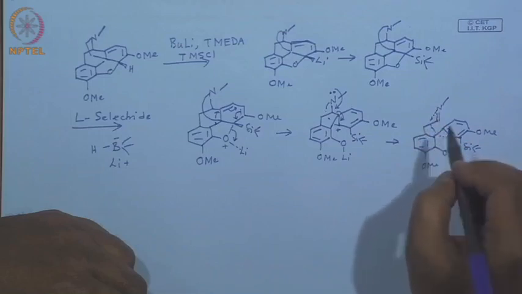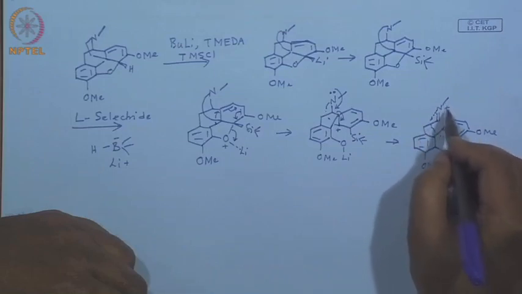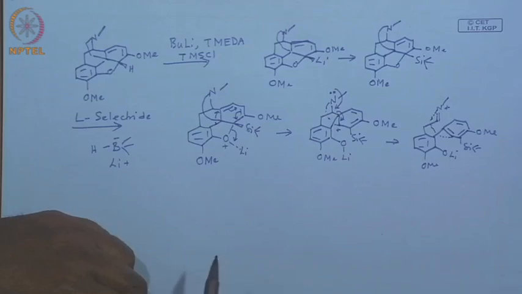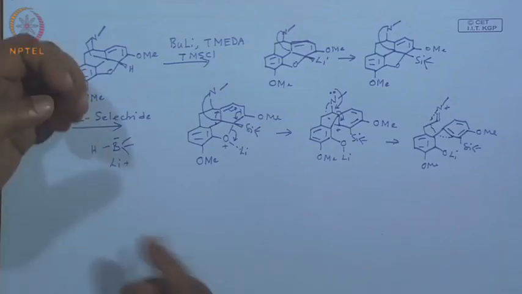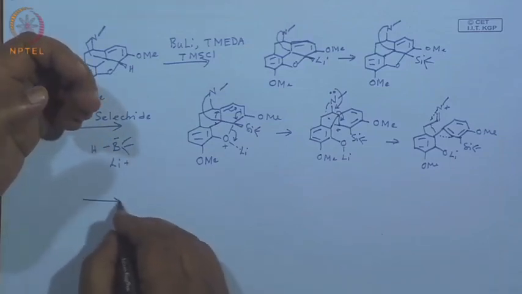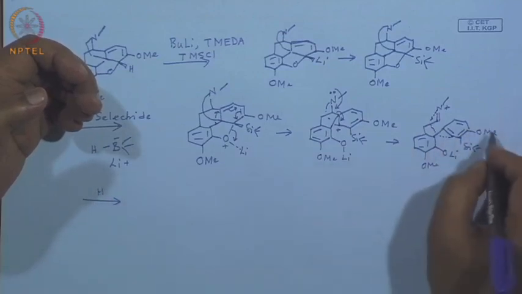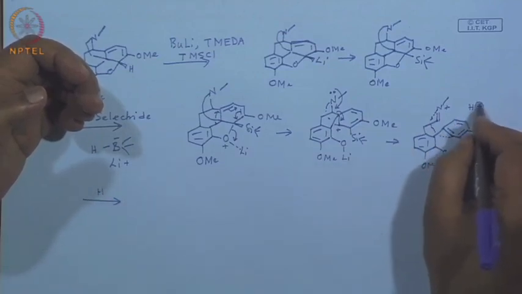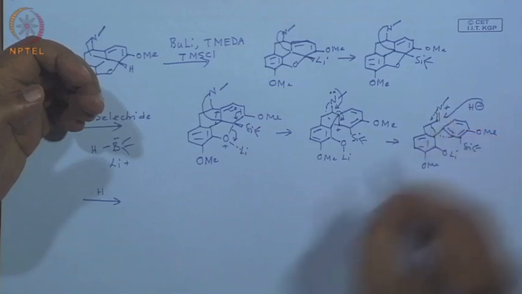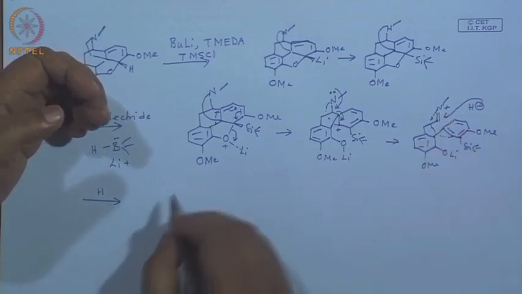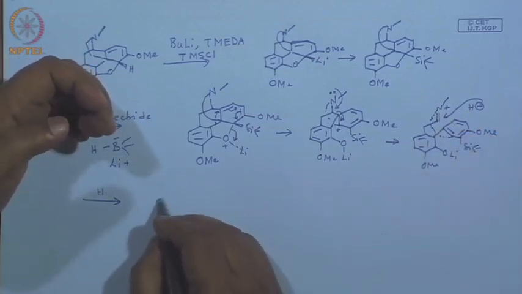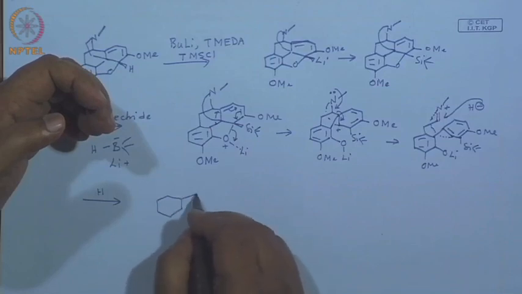So, this is a bridge, and then you have this now iminium ion, right. And the next thing would be hydride attacking, hydride from this L-selectride. So, eventually what you will get is a tricyclic compound.